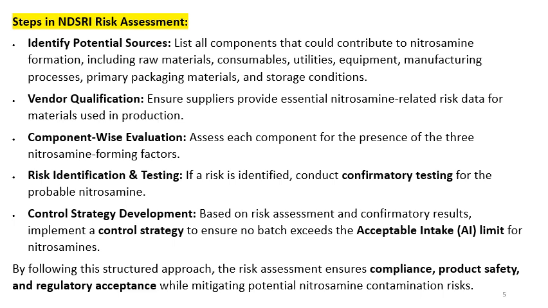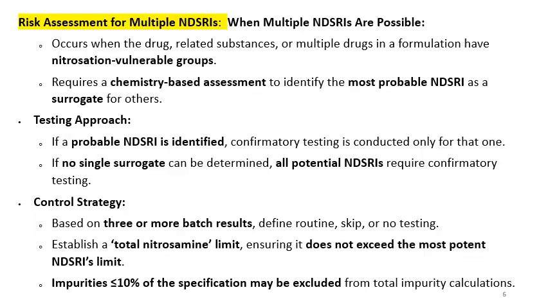If there is no risk, then the control strategy will not involve critical steps and you will continue to monitor the product for NDSRIs. Following a structured approach for the risk assessment will ensure compliance, product safety and regulatory acceptance for mitigation of the risk of nitrosamines.